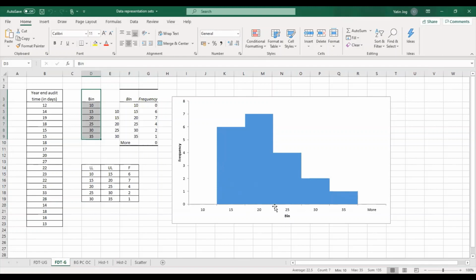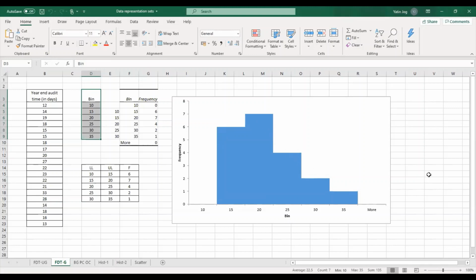So we have a large number of observations which are between 10 to 25, and then we have very few observations which are between 25 to 35. And because of that, we can see the distribution is having a slope towards the right hand side.